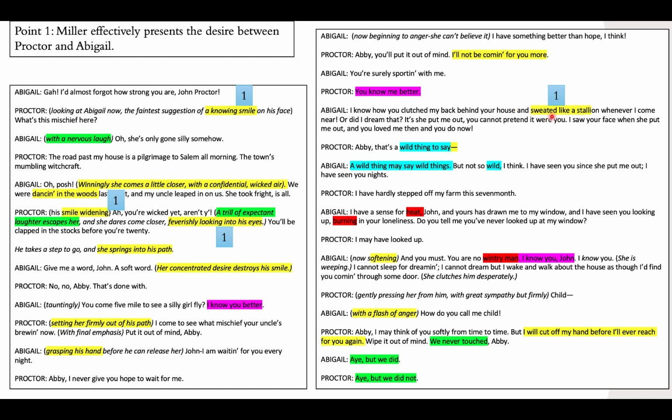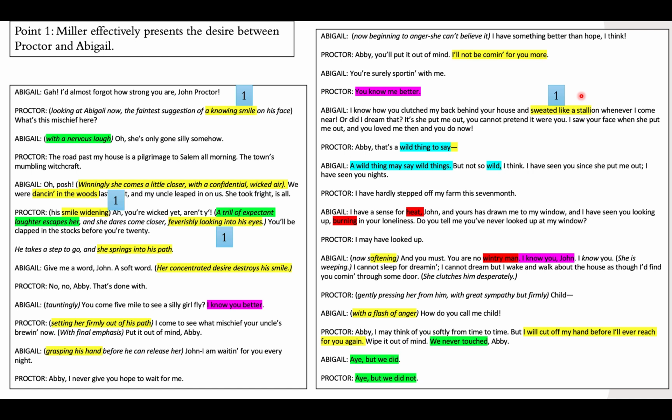And then we also have this simile over here, sweated like a stallion. So we have simile, it's sibilance. I think it really portrays this kind of sexual relationship between them, but it also shows something quite interesting in terms of Abigail and her confidence and her ability to talk about this in front of him, and maybe the reasons why she's willing to pull back on this and to bring this back to their conversation.